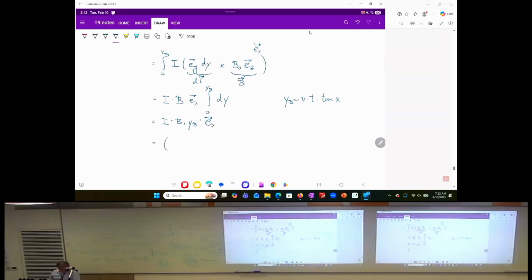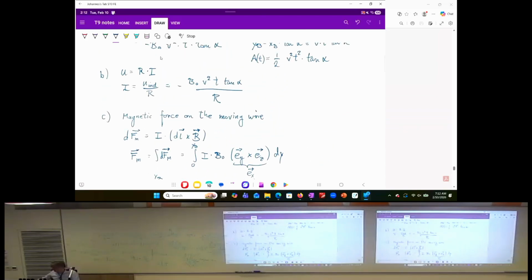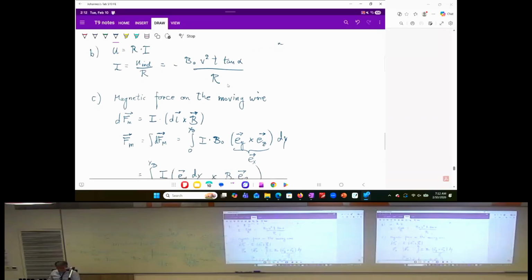So for the total magnetic force, we plug in the I we have computed in problem B, and we plug in the B field.